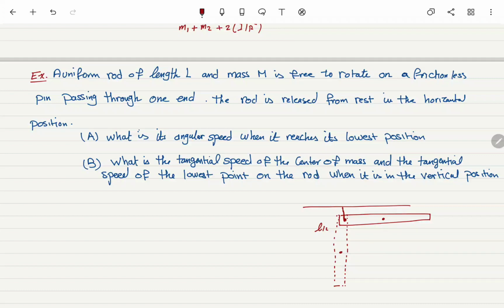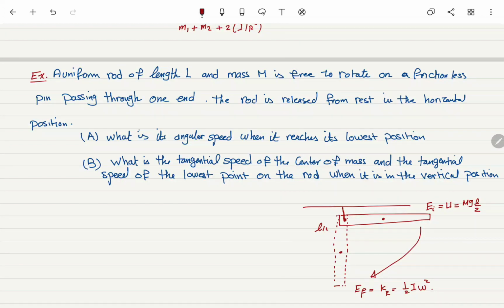Now here's the situation. At this position here, the energy we have here is potential energy, and E initial in this case equal to just potential energy, or mg times the distance to the center of mass, which equal to L over 2. Now at this final position here, the energy we have here is the rotational kinetic energy, in this case E final equal to K rotational, or half I omega square.